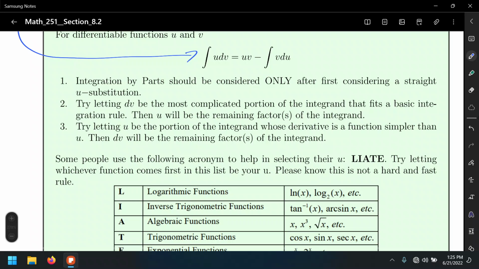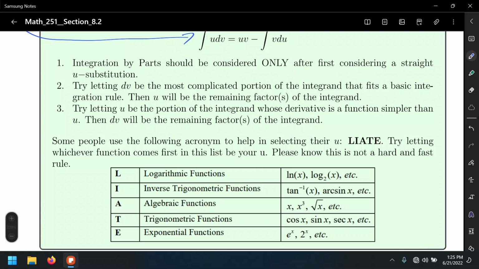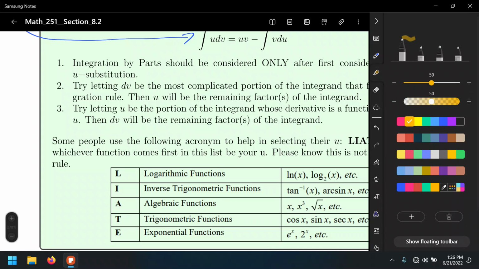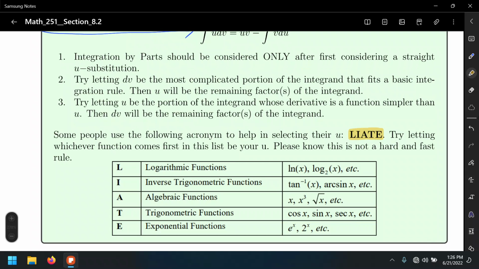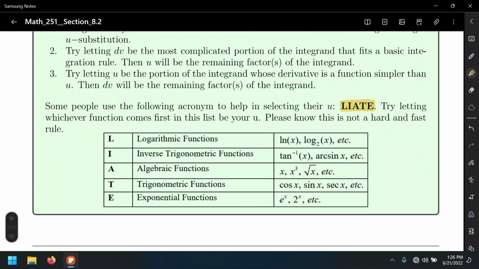So for this, we use an acronym that you may have seen before if you have seen integration by parts before. This acronym is called LIATE. So, what is this LIATE acronym useful for? Well, the L stands for logarithmic functions.